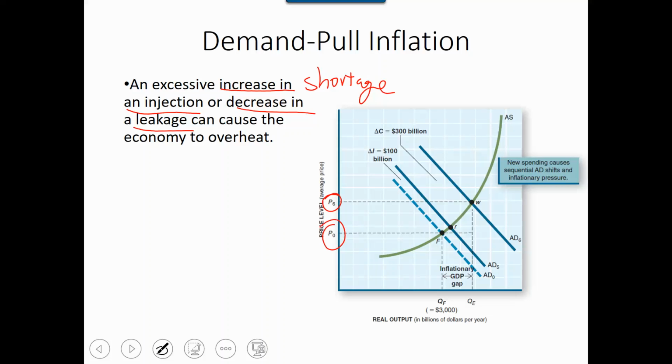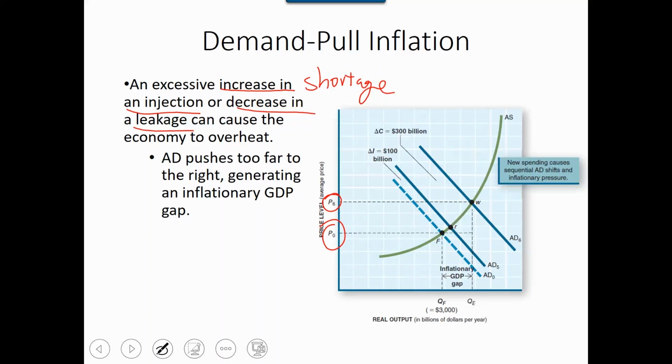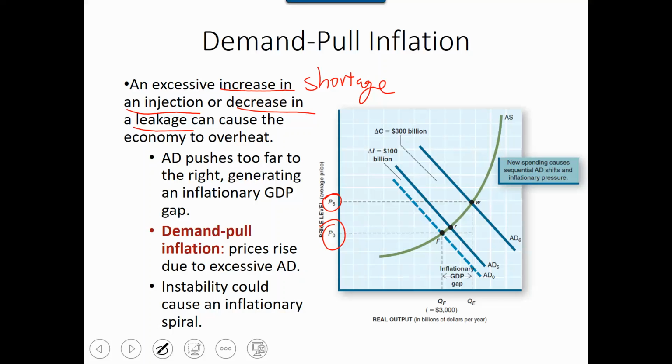The symptom will be that the price level is too high, so the inflation rate is too high. The aggregate demand is pushed too far to the right, generating an inflationary GDP gap, and it will cause demand-pull inflation, which is a price rise due to excessive aggregate demand. And in this case, we will find instability could cause an inflationary spiral.